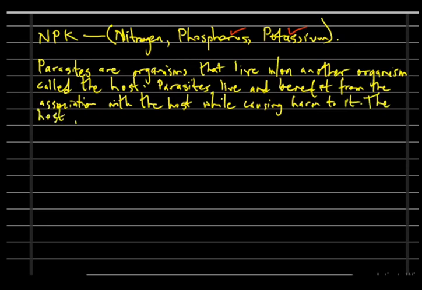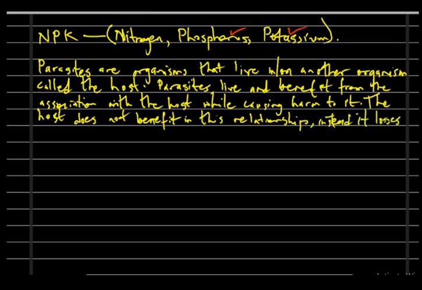The host does not benefit in this relationship. Instead, it loses. That is what a parasite is. Parasites are organisms that go into a relationship causing harm to their host.